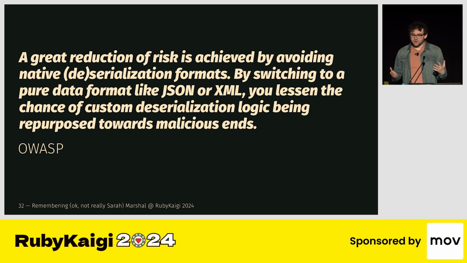If you switch to a pure data format like JSON, or XML, you lessen the chance of custom deserialization logic being, put politely, repurposed towards malicious ends. AKA, you're less likely to be hacked, owned, have a data breach, be held ransom, etc., all those bad things.